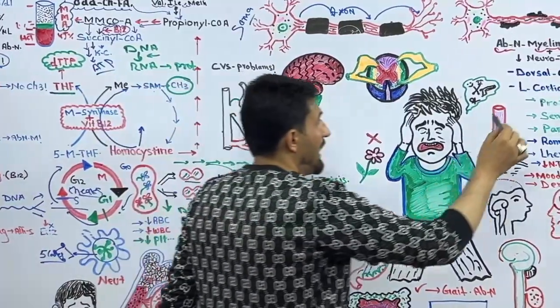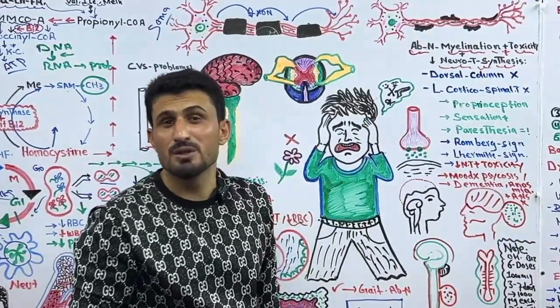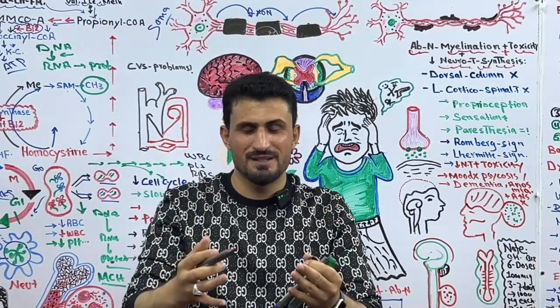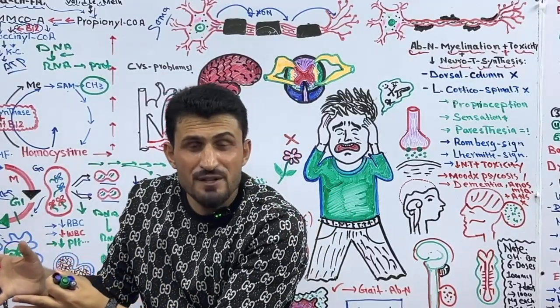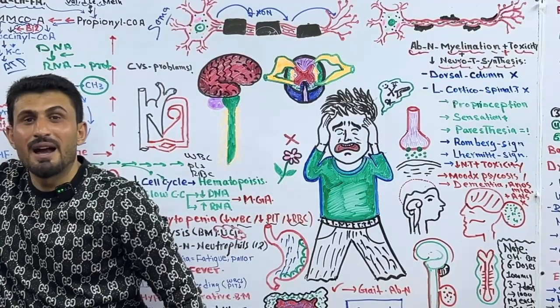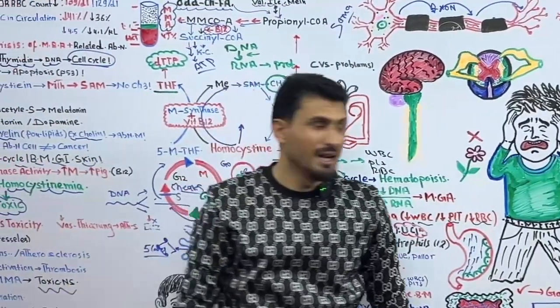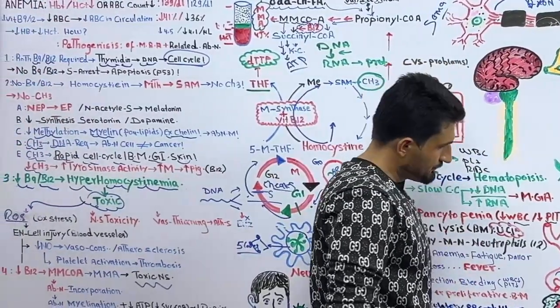I'll talk about less production of different types of neurotransmitters, for example, dopamine, epinephrine, norepinephrine. To make these different types of neurotransmitters, I need vitamin B9 and vitamin B12, or I need enough methyl group. So now let me explain it.